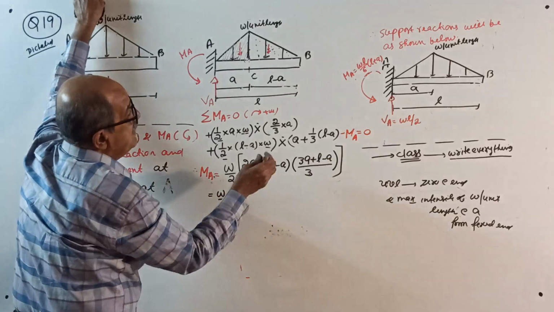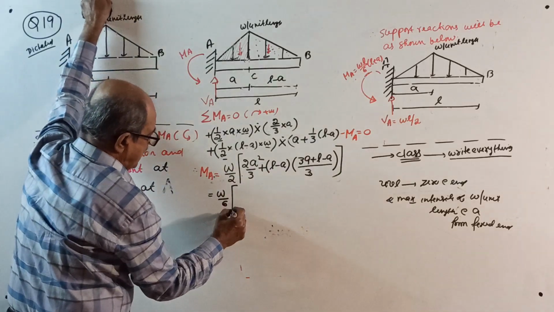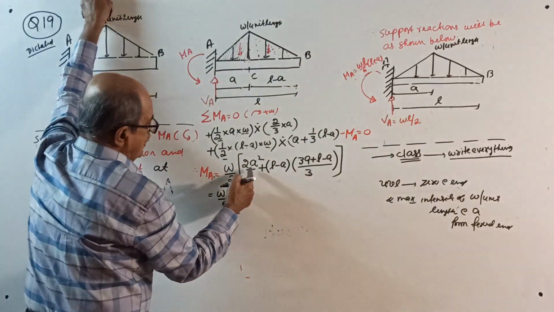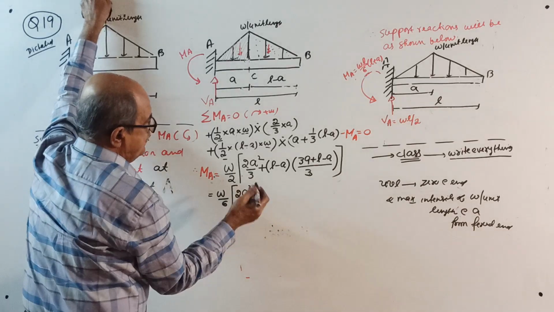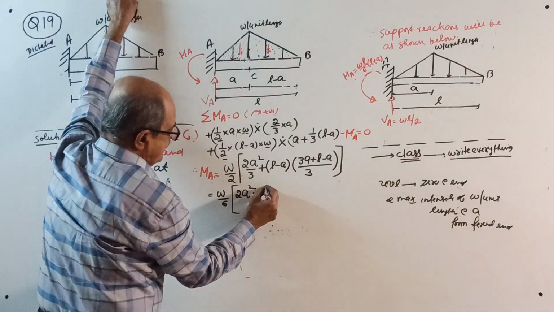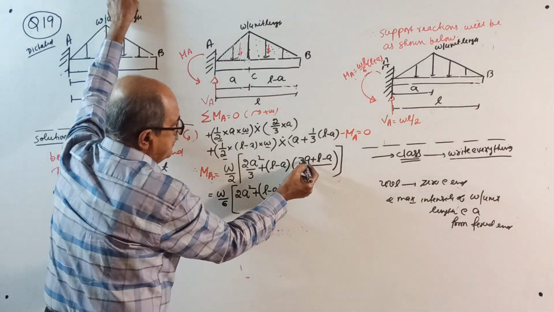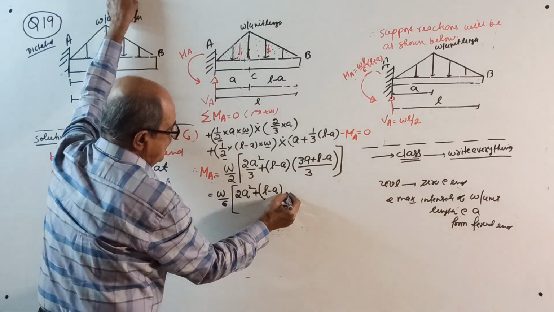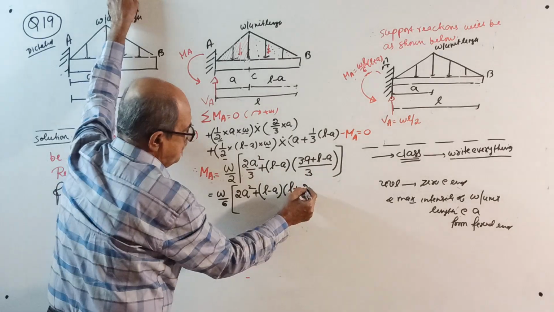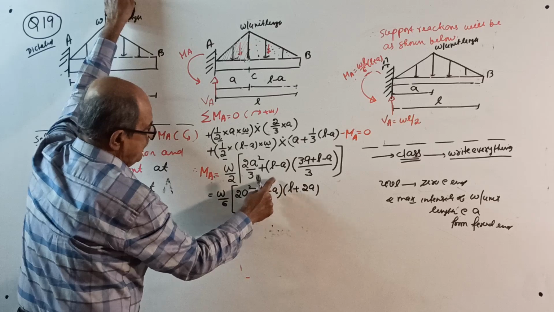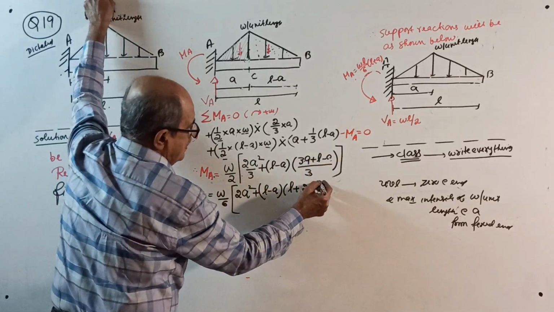Finally you got W by 6 into 2A square plus L minus A into L plus 3A minus A, which is L plus 2A, correct, L plus 2A.